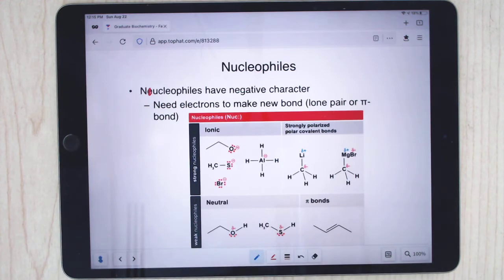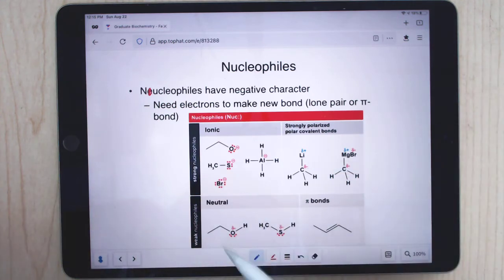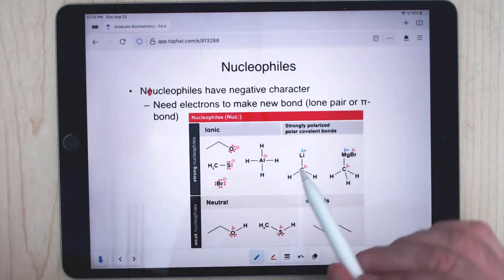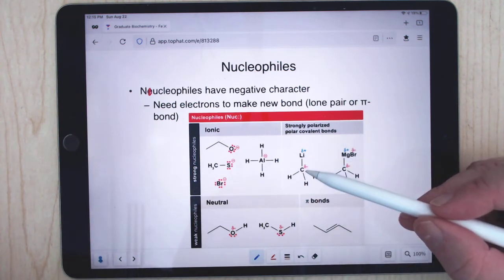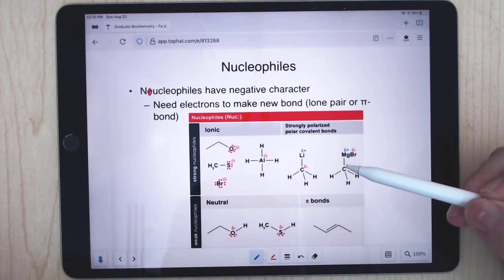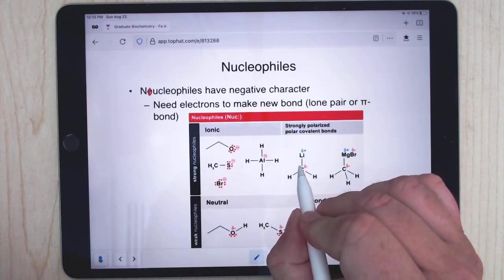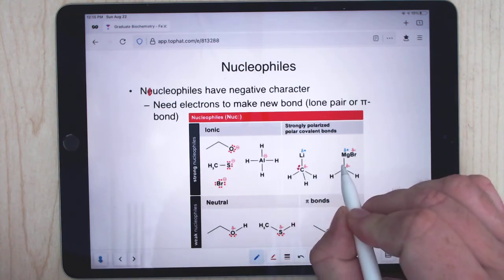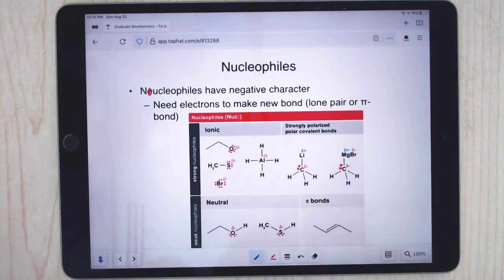So if you're part of a polar covalent bond, like here, here and here, for these organolithium and organomagnesium ones, you can think of this as a stabilized carbanion, because carbon's more electronegative than either lithium or magnesium, so the electrons are going to want to stay on the carbon. So you can have the negative part of a polar covalent bond, and that can also be nucleophilic.